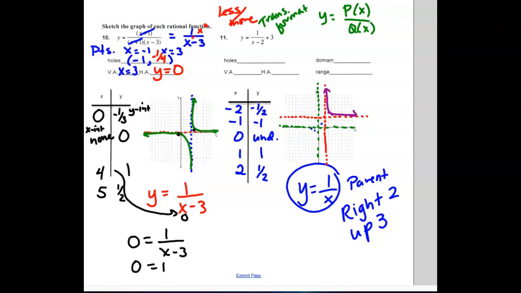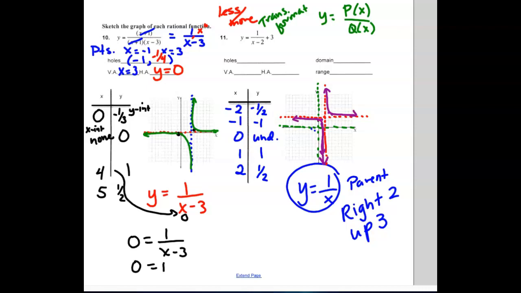Shifting the 2 in quadrant 3, I had the point -1, -1, right 2, and up 3 puts me at 1, 2. The point -2, -1/2, right 2, up 3 puts me at 0 and 2.5. So we have a branch right in there.